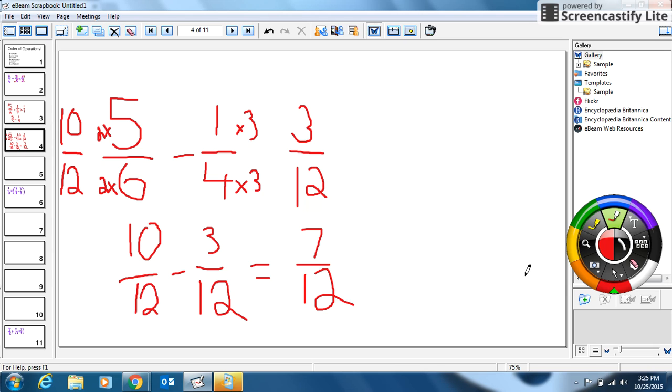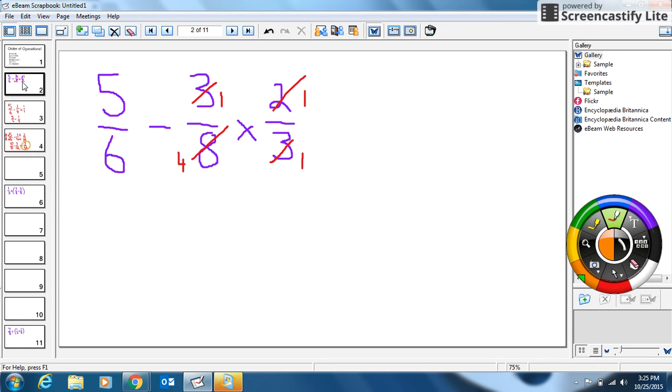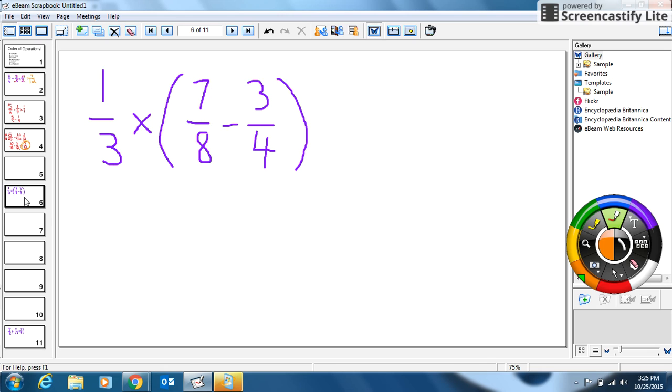So our answer works out to be 7/12 right there. There you go. Equals 7/12. So 5/6 subtract 3/8 times 2/3 equals 7/12. That's about it. Let's try another question here.